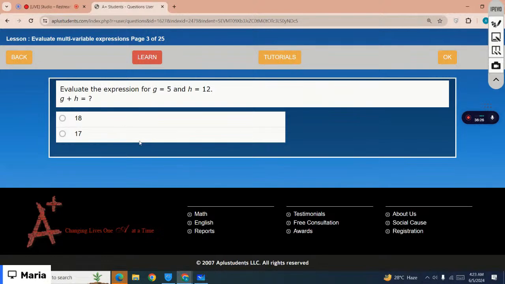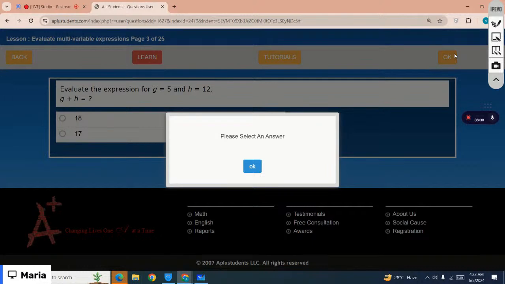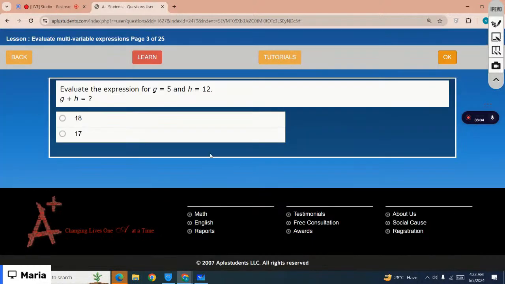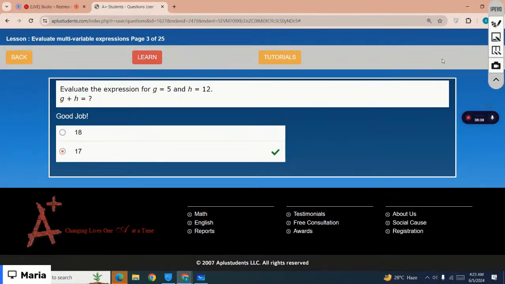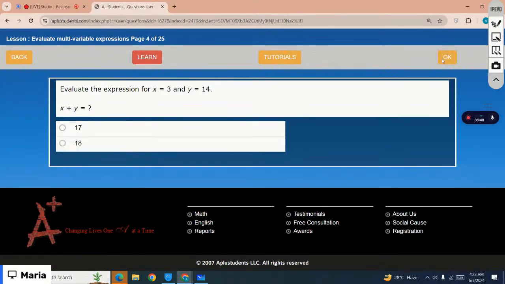The correct option is 17. Evaluate the expression for x equals 3 and y equals 14.